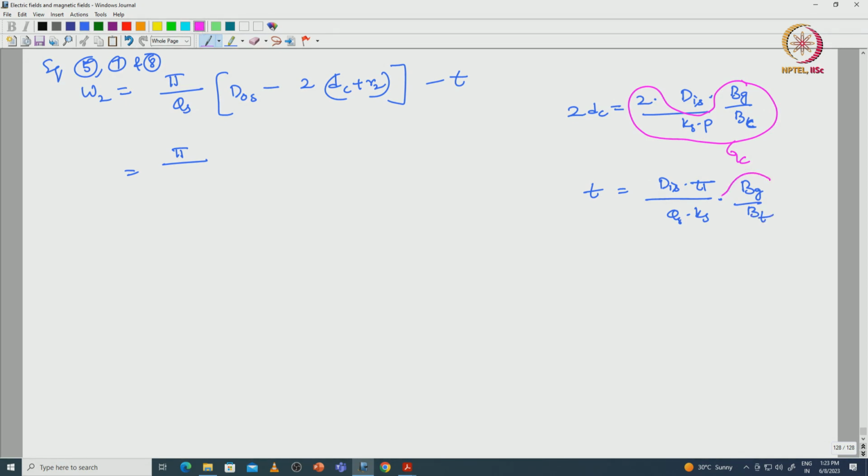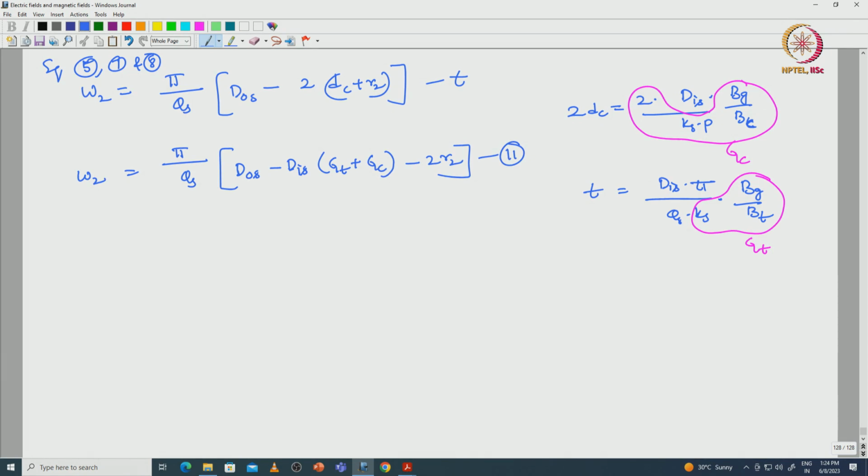Here also the constant we have assumed, this is Gt. Substitute these values in this equation and finally we will end up with the W2 equation: pi by Qs into d naught s minus dis into Gt plus Gc minus 2R2. This is equation number 11 with respect to W2.